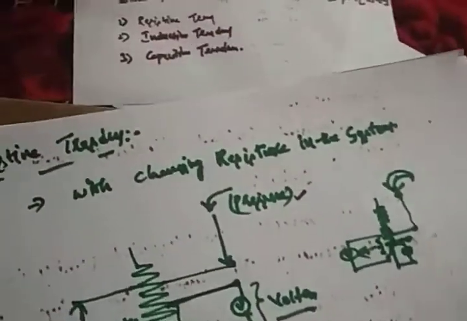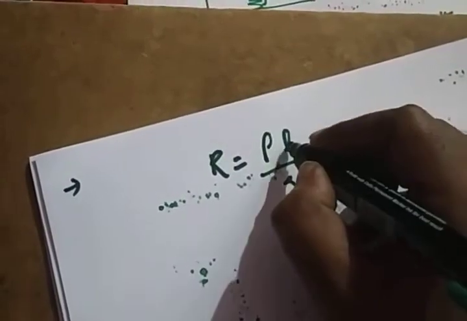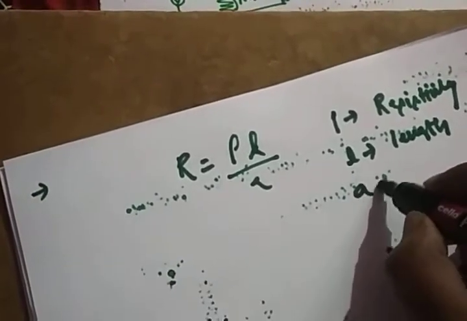Now we'll discuss it. I'll clearly explain with examples, so don't bother about this one. You know the formula for resistance: R is equal to rho L by A. Rho is resistivity, L is length, and A is cross-sectional area.